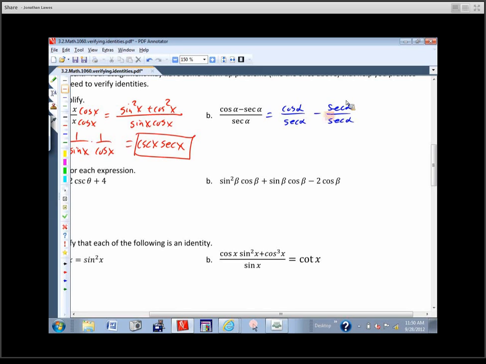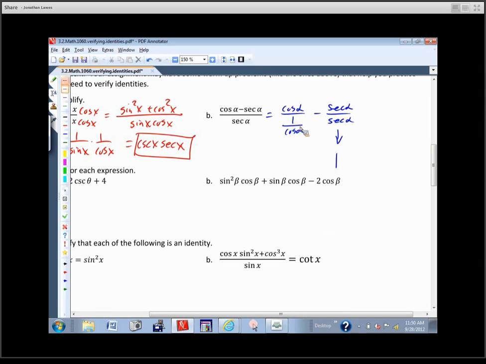Okay, this is a piece of cake right here, right? That is a 1. But rather than write this as a secant, if I know I'm not going to be able to simplify this, it might be better to write it as 1 over cosine alpha. So that makes this a 1.